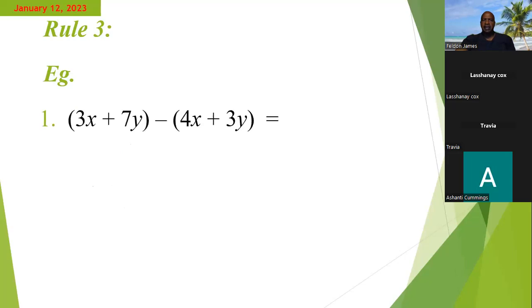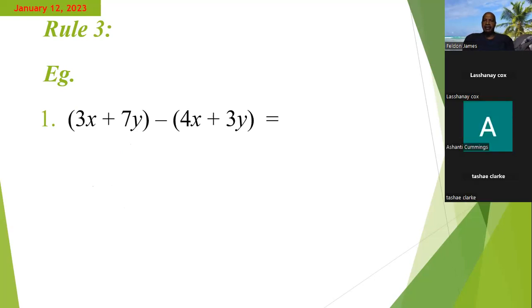All right, so we are looking at rule 3 now. If you have brackets before you can simplify, and remember, simplify just means making simpler. So in order to make things simpler, our aim is to add like terms, and wherever we don't have like terms, we write them in the form of expressions, right?